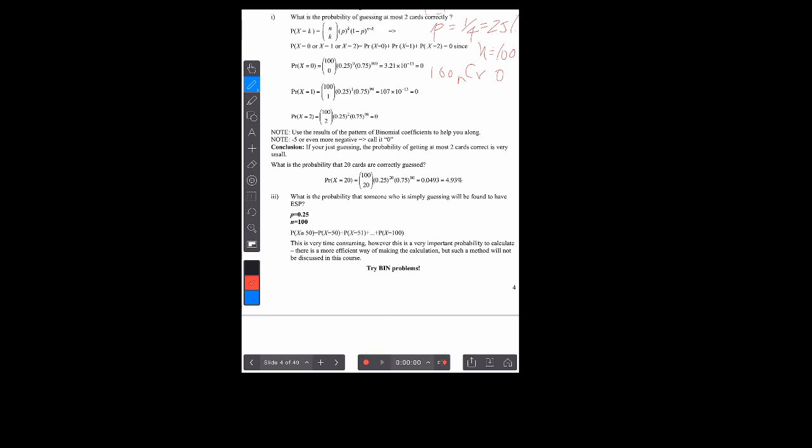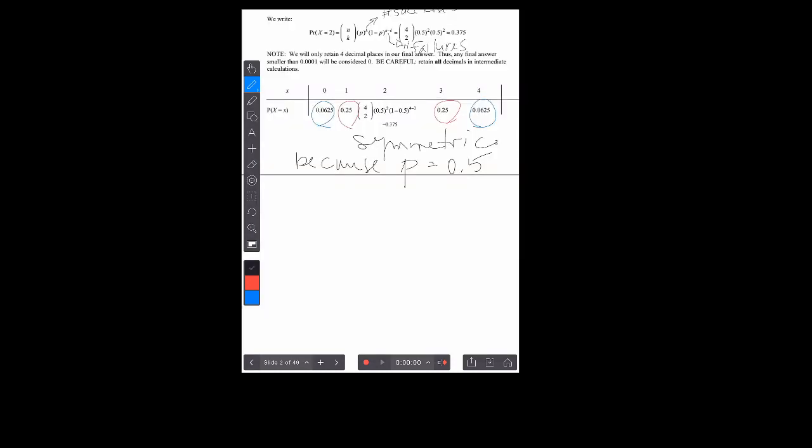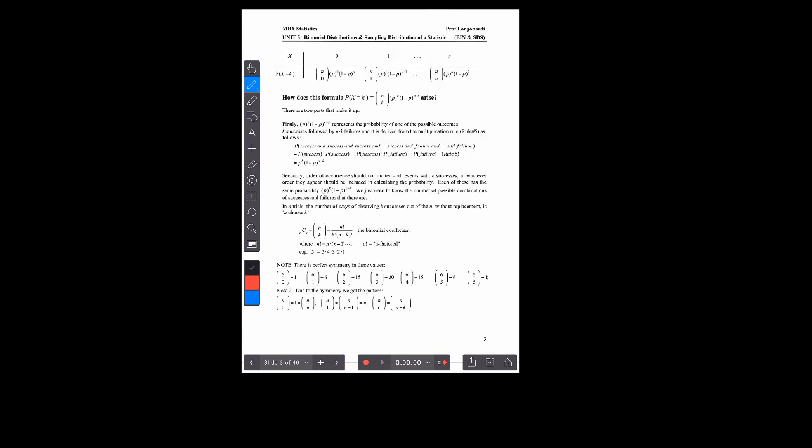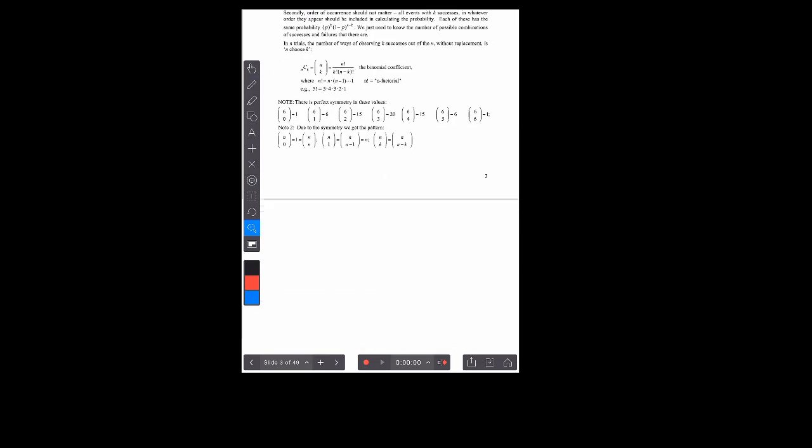Anything choose 0 will always be 1. Why? Anything choose 0 will always be 1. So no successes out of, doesn't matter how many options. Why is that? That's because, let's go back here.